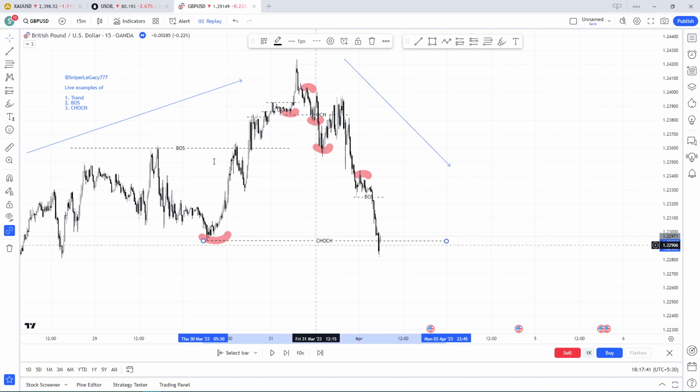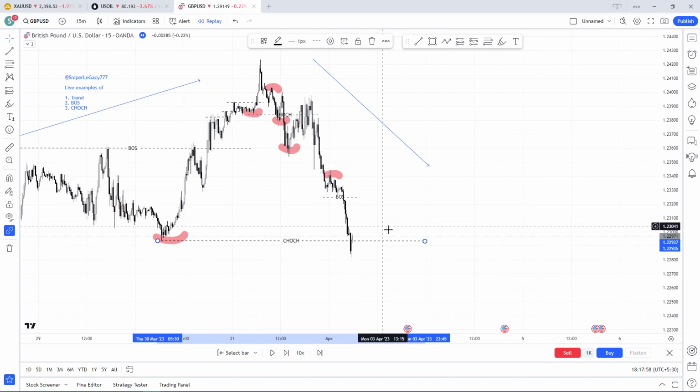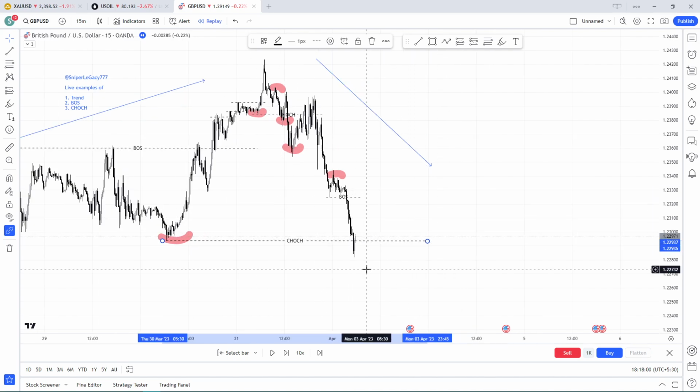CHOCH. Now GU, that is GBP USD, has turned bearish even on higher time frames. I'm not going to go to the higher time frame just to show that, but you have to remember this. So now GU is bearish. Now let me play and mark some other BOS and CHOCH.